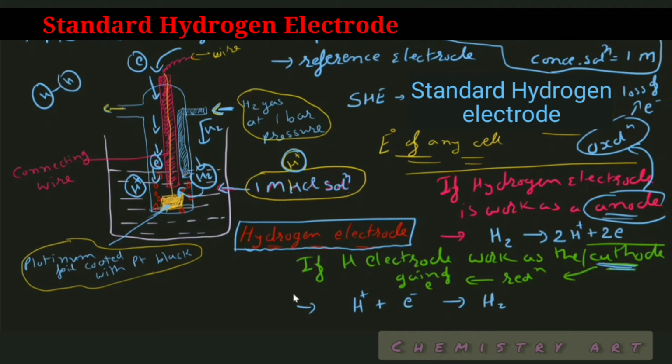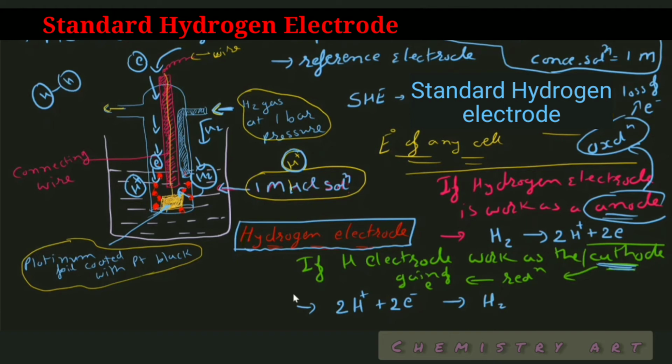See, bubbles are there, so hydrogen gas will be formed. So I have to write 2H plus, and 2H plus will gain 2 electrons. If the hydrogen electrode is working as a cathode, then hydrogen gas will be formed, and that's why we have the outlet here.